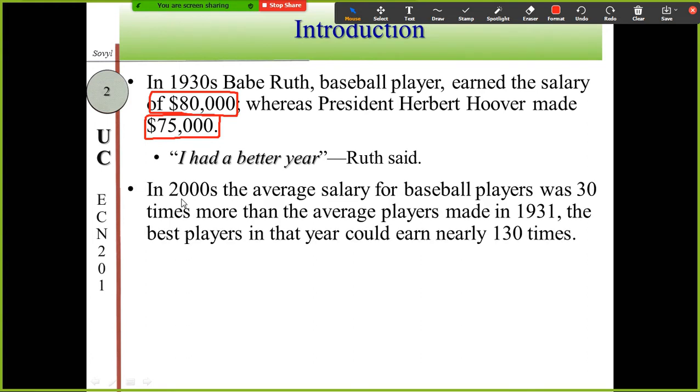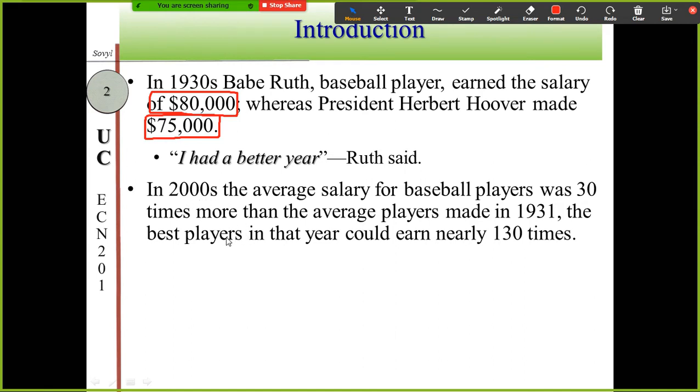However, in the 2000s, the average salary for baseball players was 30 times more than the average player made in Ruth's time, the 1930s.